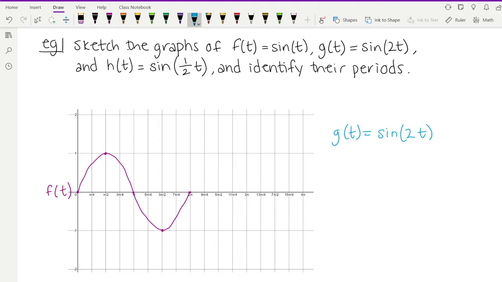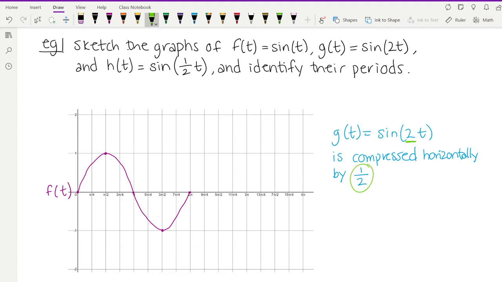So in this case, what number are we multiplying with t? Well, it's 2. So we want to take the reciprocal of that, and that will tell us how much it's been compressed or stretched horizontally. And so because the reciprocal of 2 is 1/2, that means that it is compressed horizontally by 1/2, meaning that it's going to become 1/2 of the horizontal size that it originally was.